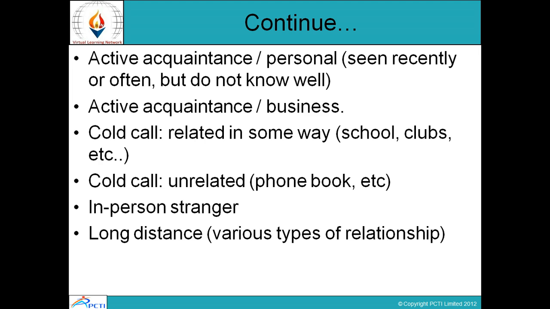Sometimes unrelated calls, phone book से आपने कुछ numbers pick कर लिए and you are randomly making a call to that person. Strangers in person and other long-term relationships also can be part of this prospect list.